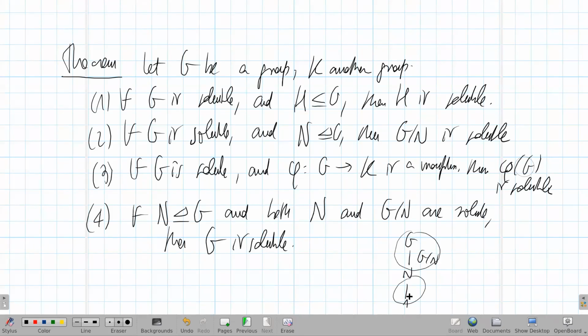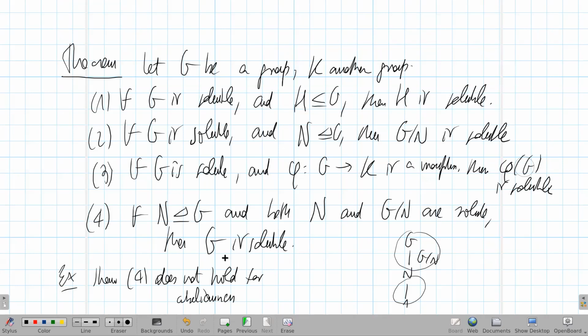This is not true, for instance, for abelian groups. Exercise: show that 4 does not hold for abelianness. It's not true that if N and G over N are abelian, then G is abelian. Okay, so let's prove these properties, and we are free to use any of the 3 equivalent conditions.